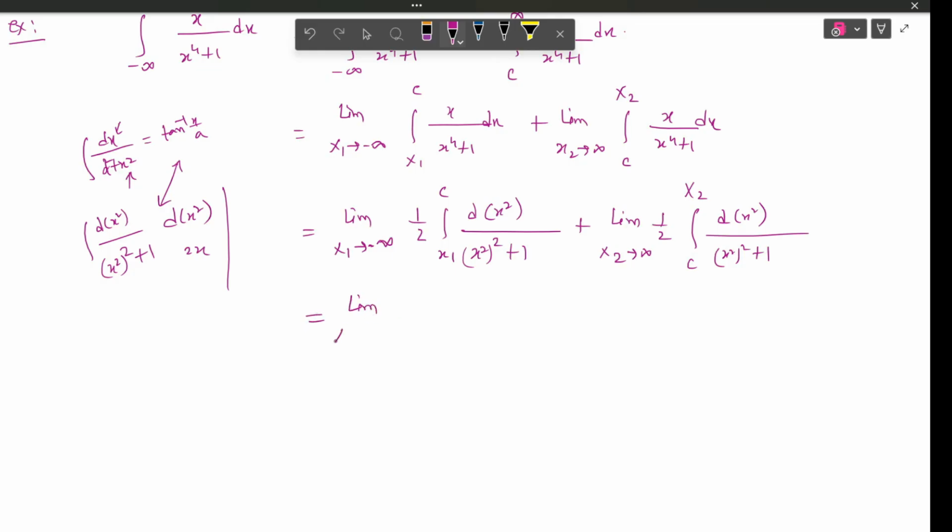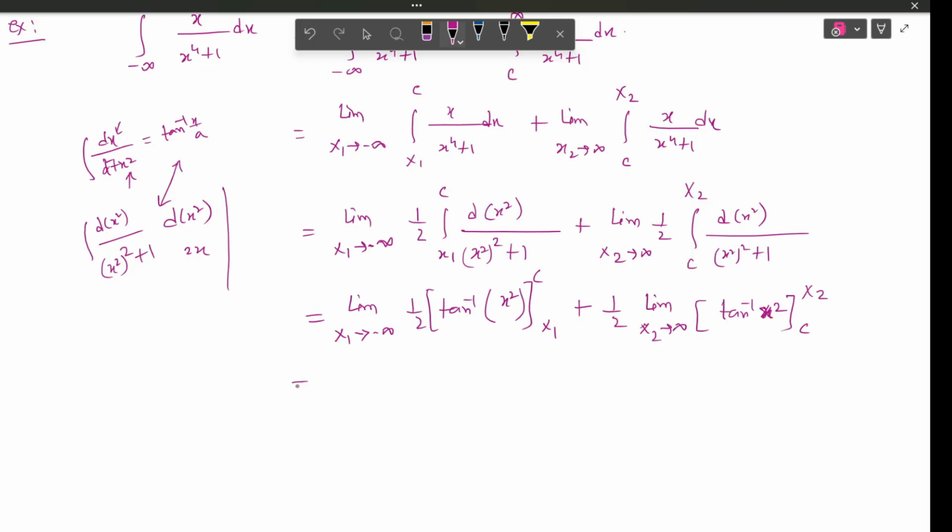So this would be limit x1 tends to minus infinity, half of tan inverse x by a, so x is your x square by 1 is the same thing, from the limits x1 to c, plus half limit x2 tends to infinity, tan inverse of x square, c to x2.